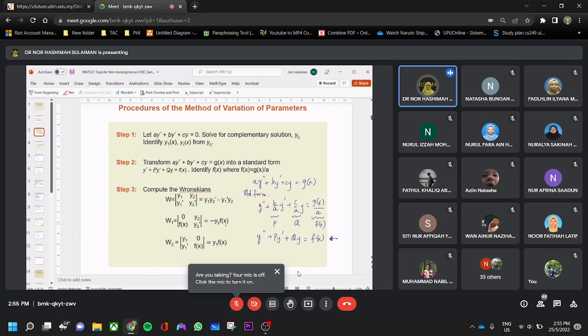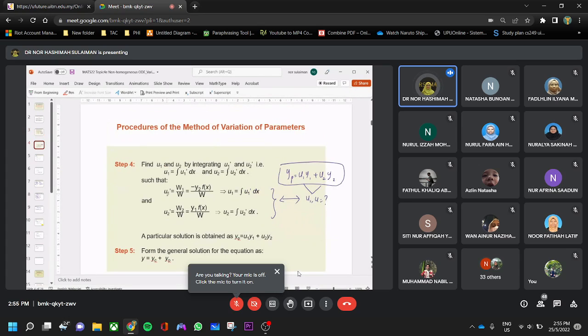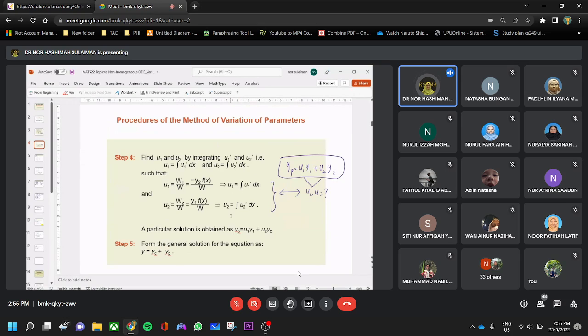Betul? Wronskian, jana Wronskian, Wronskian 1, Wronskian 2, and then the further steps are to find the U1 and U2 by simply integrating the U1 prime and U2 prime respectively, whereby the formula for the U1 prime and U2 prime is simply the ratio of the Wronskian.